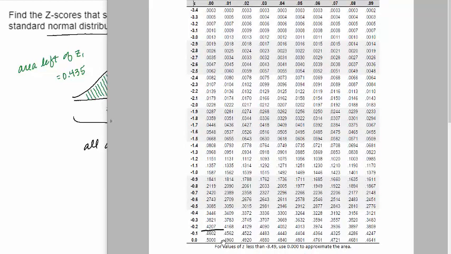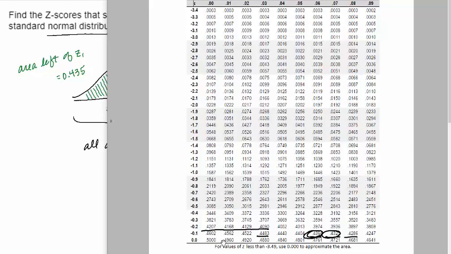So 0.4286, 0.4325, 0.4364. This one, 0.4364, is closer than 0.4325.